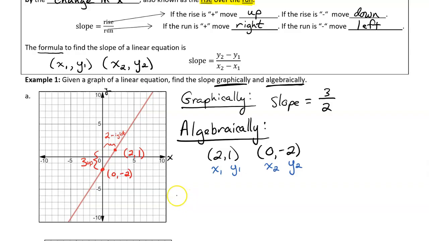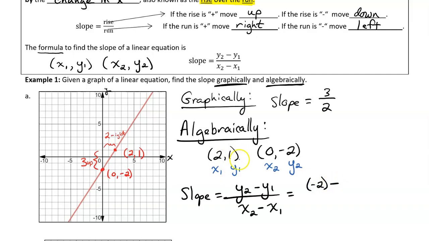So when you go to use the formula, you know where to plug in the numbers. So the formula is y2 minus y1 all over x2 minus x1. So my y2 is a -2 minus my y1, which is a positive 1, divided by, let's see now, the bottoms are the x values, so 0 minus 2. And I have a -2 up top minus 1. Well, that's -3. 0 minus 2 is -2.